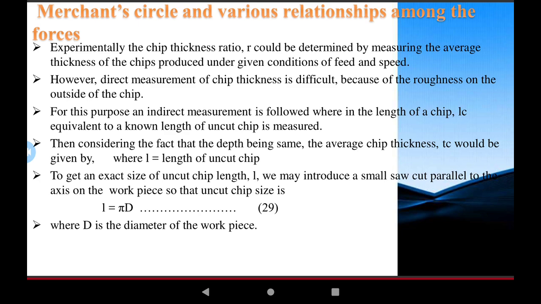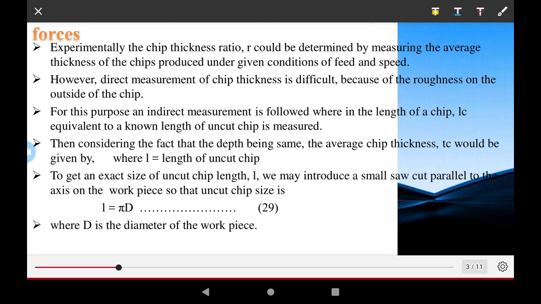For this purpose an indirect measurement is followed, where the length of the chip is lc and the chip thickness is tc, and t is the uncut chip thickness.